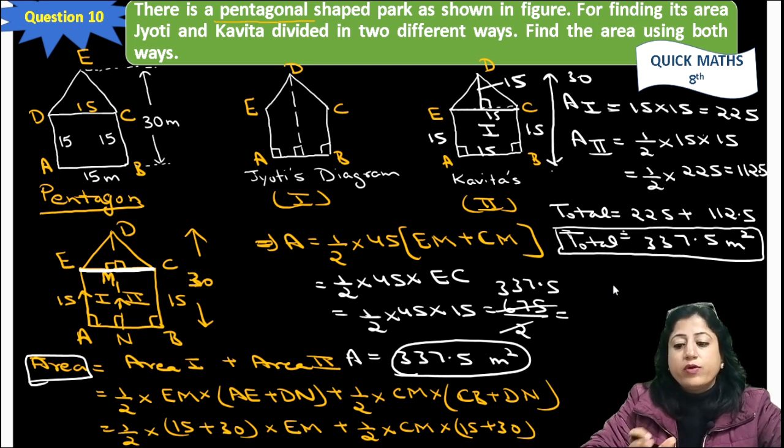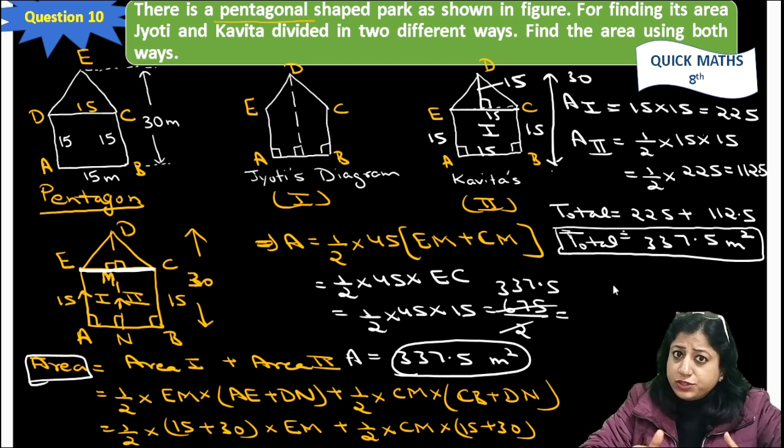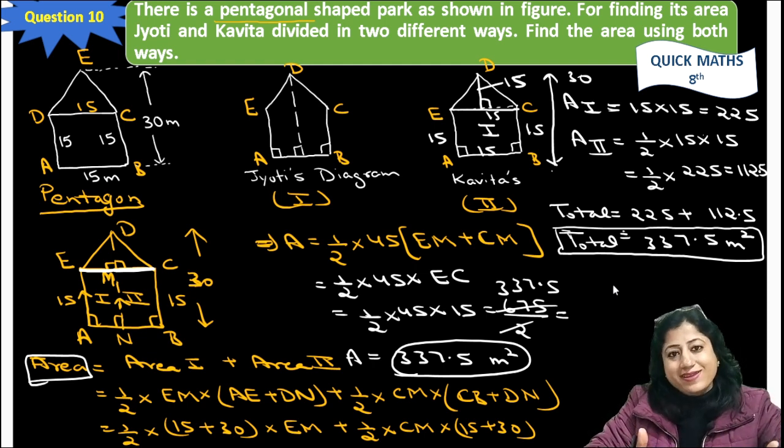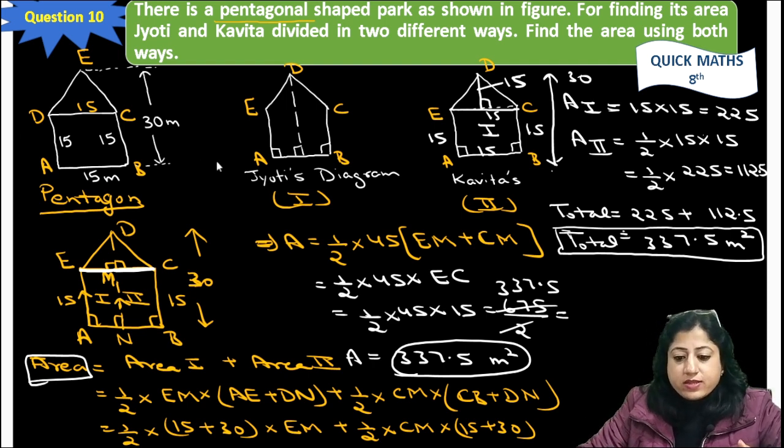According to Jyoti's and Kavita's divisions, the methodology to divide the figure into different regions and the calculations are different, but the result in the form of area remains the same. So this is our conclusion: the area in both cases, by Jyoti and Kavita, will be 337.5. Thank you so much.